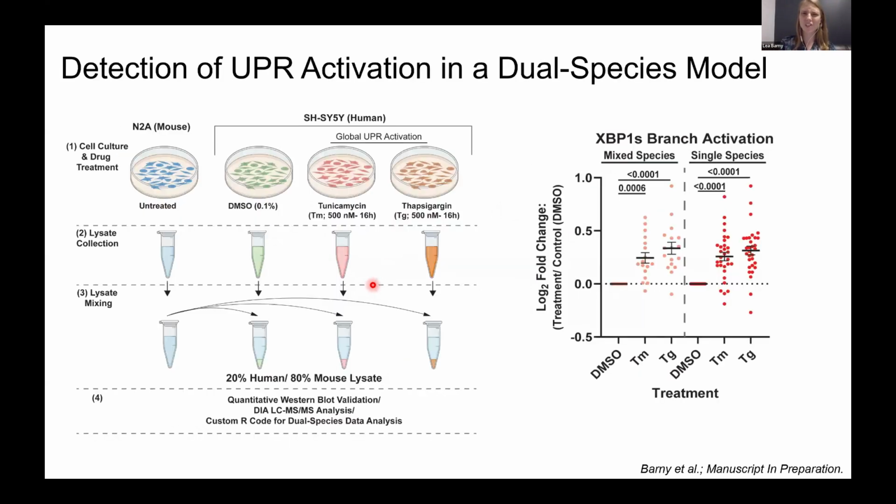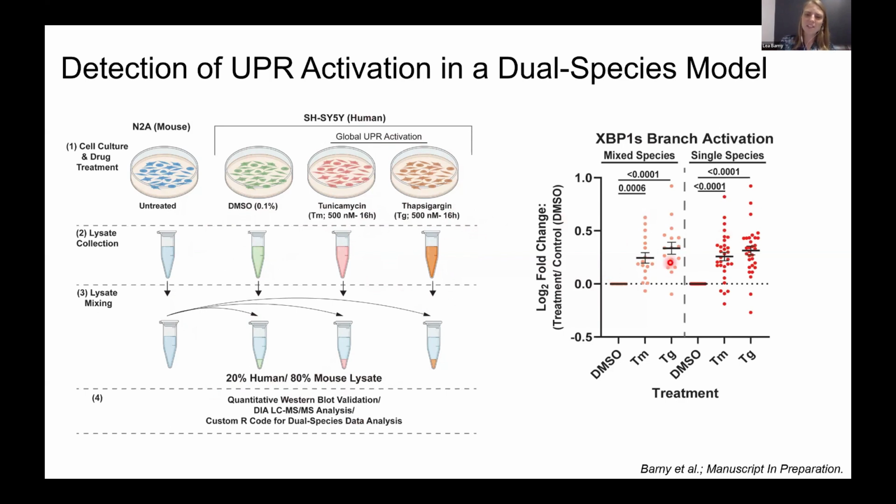Thinking more about detection of the UPR in a dual species model, we developed another mixture of lysates, this time though with SH-SY5Y cells that were activated with global UPR activators, as mentioned before, thapsigargin and tunicamycin, and mixing 80% mouse lysate with 20% human, with the 20% human either being treated with DMSO or the respective global UPR activators.